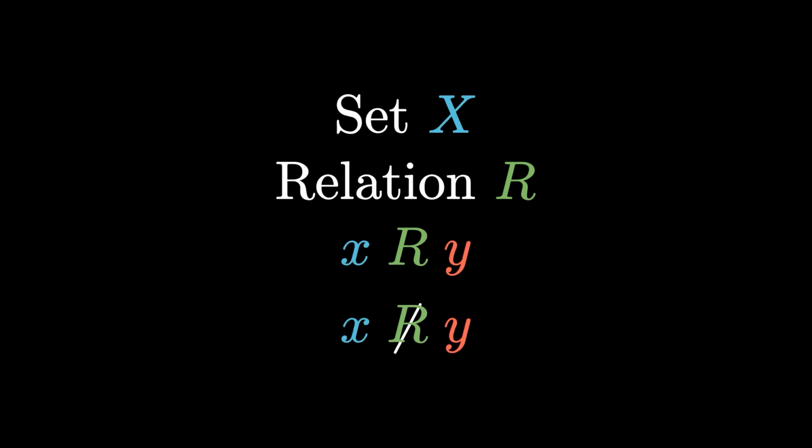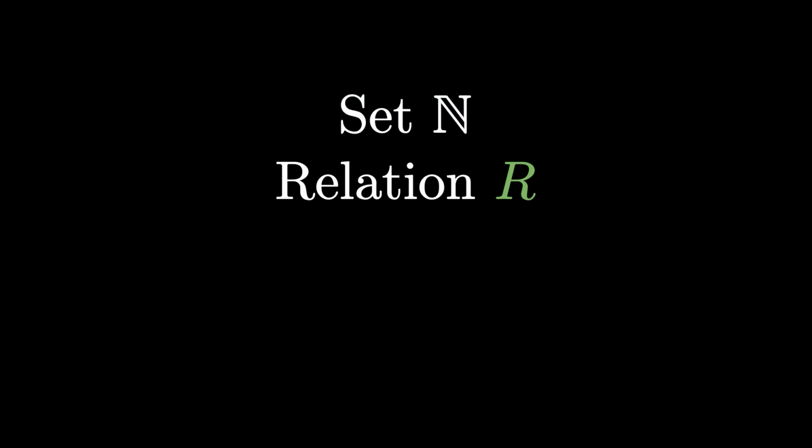For example, let X be the set of naturals and consider the less than relation. Let's take an ordered pair of natural numbers, for example (2, 4). Then since 2 is less than 4, we can say that (2, 4) satisfies the relation. On the other hand, (5, 3) does not satisfy the relation. Note that the order here matters since (3, 5) does satisfy the relation.